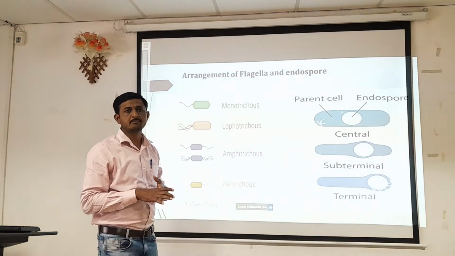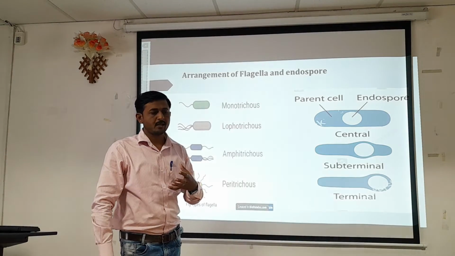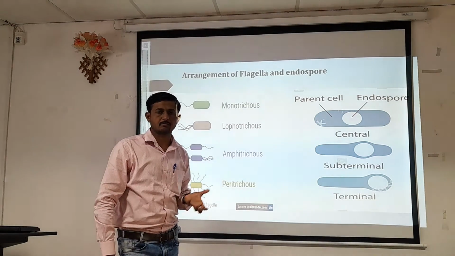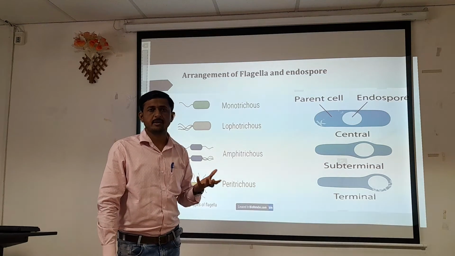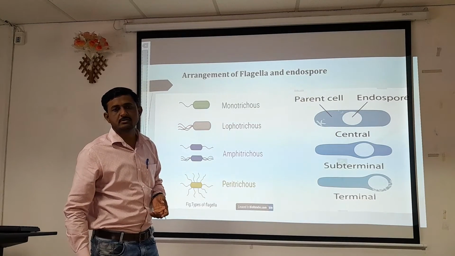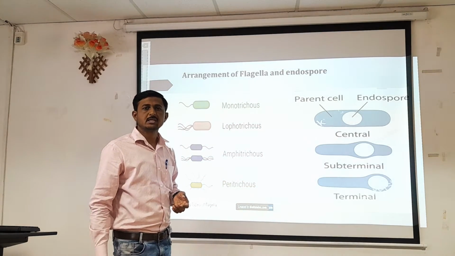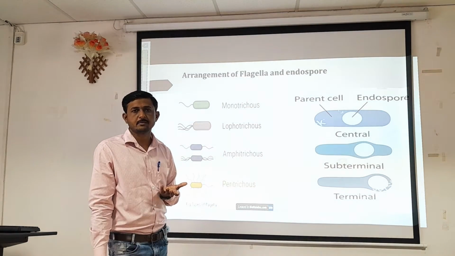Apart from that, bacteria possess different internal characteristics, such as stored food material inside the cell. We can also observe that structure, the metachromatic granule inside the cell, by performing a separate staining procedure. Also we can observe the capsule of a bacterial cell.